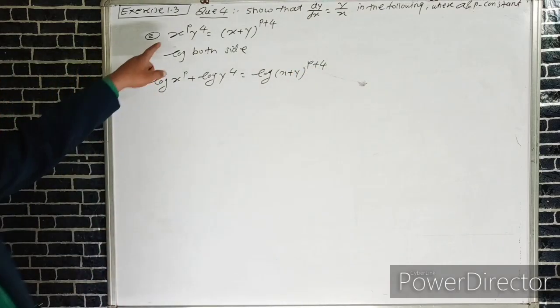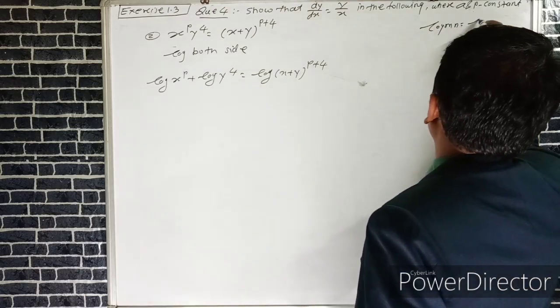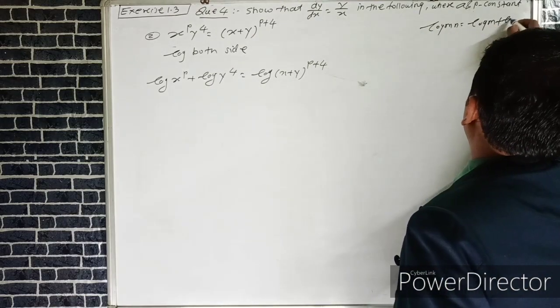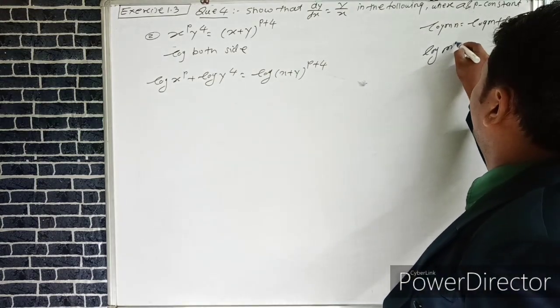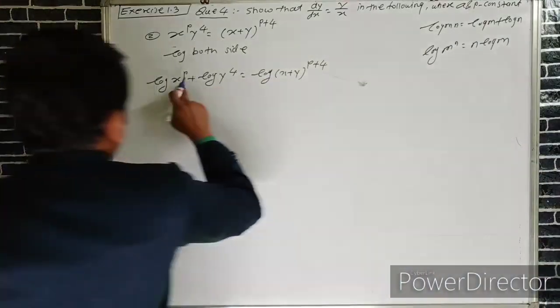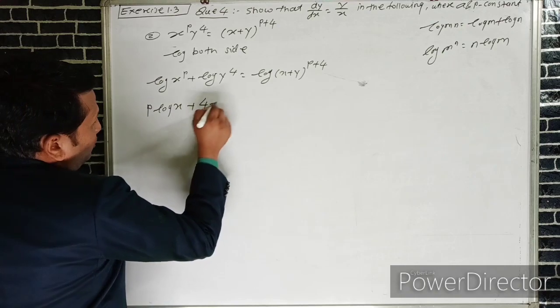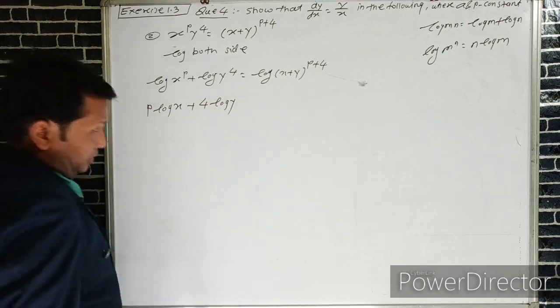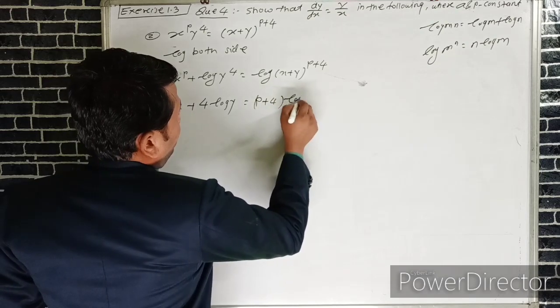Here we use log of m into n is equal to log m plus log n. Again we know that log of m raised to the power n is n log m. If we apply this rule here, we can write p log x, p is a constant, 4 log y, 4 is again a constant, p plus 4 into log of x plus y.